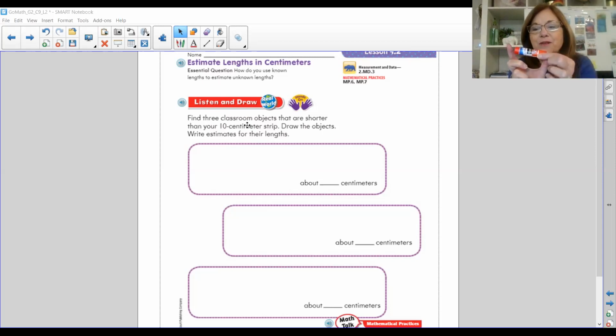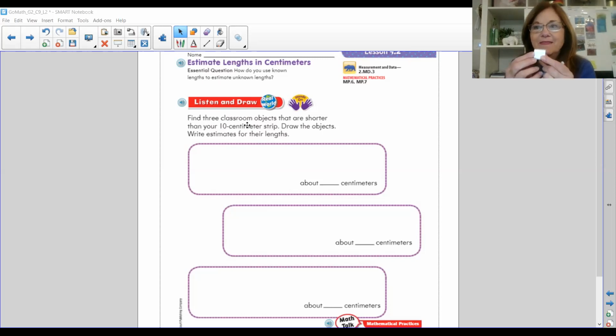And so I know that the glue stick is shorter than 10 centimeters, has to be shorter. And I found a crayon that looked to be shorter than 10 centimeters. And I found a little charger.